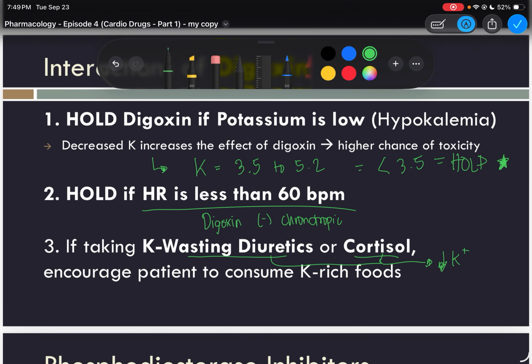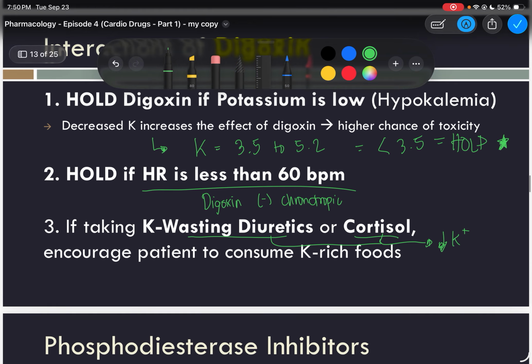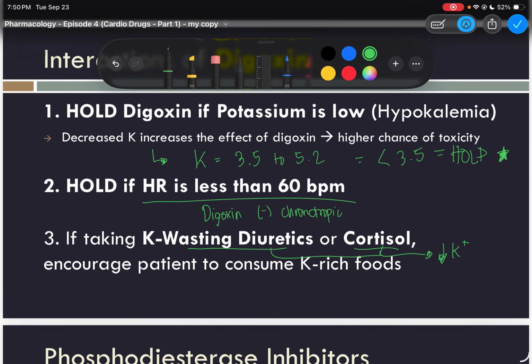And if the patient really has to take the digoxin, if there is no choice, class, then you need to instruct them to increase their potassium-rich foods. Potassium-rich foods include avocado, banana, and other tropical fruits. So you have to increase potassium-rich foods in order to prevent hypokalemia.